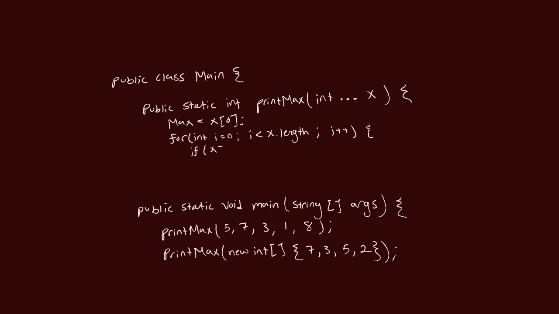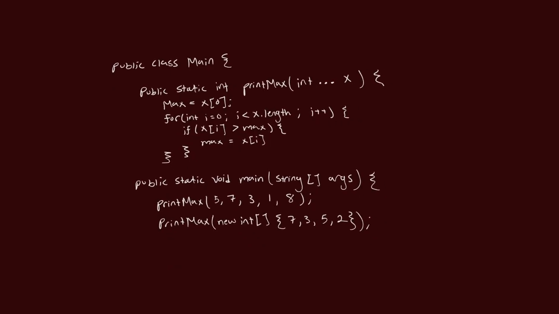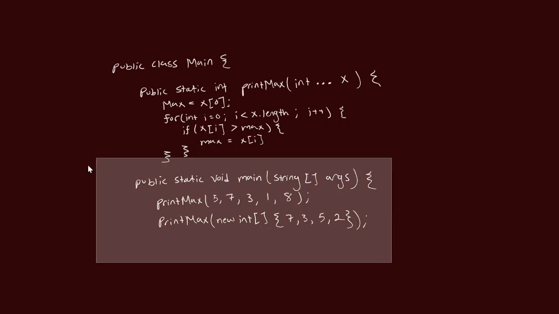If x at i is greater than max, then have max equal x at i. Okay, and then after we're done going through our for loop, we're going to return max.